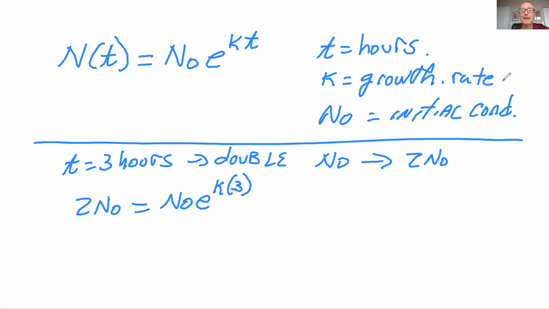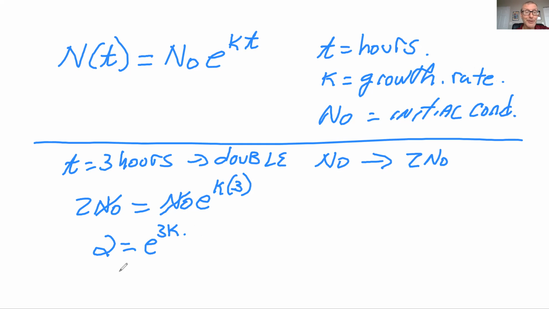So the idea is that we can solve this equation by doing the following. You could see that these would cancel, and you would have 2 equals e to the 3k up here, right? So what do we do? Well, here's where the log function becomes quite handy. As I warned you, this is what logs are really for.